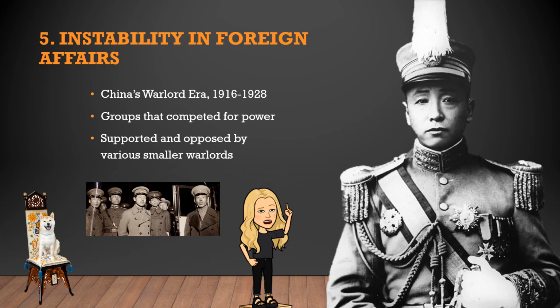In northern China, there were 3 major groups that competed for power and territory. These groups were supported and opposed by a host of smaller warlords, battling on and off throughout these years. Eventually, the warlord Jiang Jiaolin, based in Manchuria in Inner Mongolia, would become the most powerful of these groups.